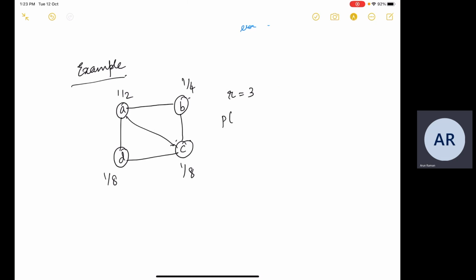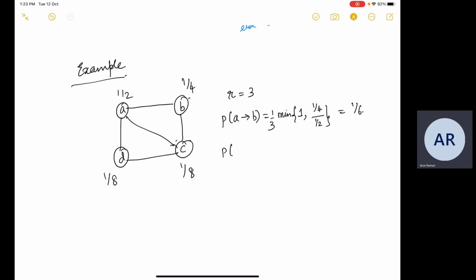Next, the probability of going from A to B will be 1 by 3 times min of 1 comma the destination over the source. The destination B has stationary probability 1 by 4, the source A has 1 by 2, and we will get 1 by 6.